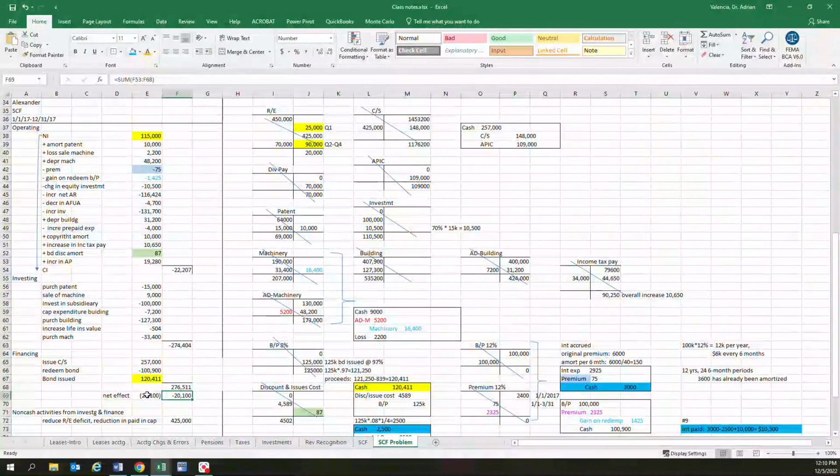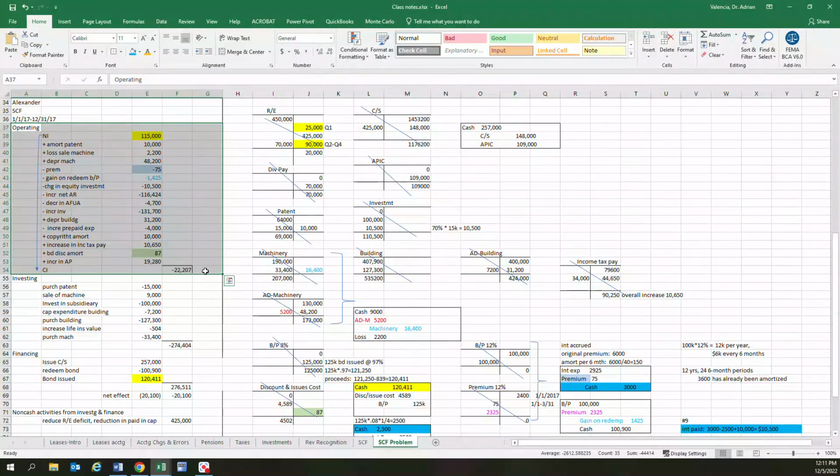It confirms that. So the value of this statement is that you are going in there and showing everything that occurred to get to a decrease in 20,100. Now, if you're looking at this statement of cash flows from an investor's perspective, you would be a little concerned, right? Because from the operating activities, we're not generating cash flows.